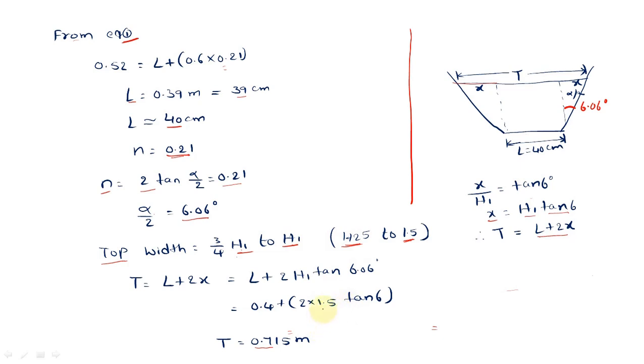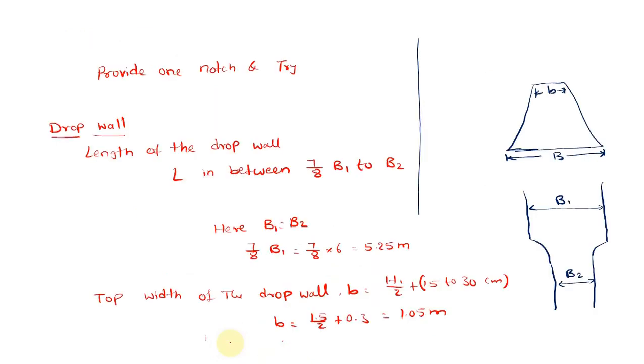Those dimensions are given: alpha by 2 is 6.06, L is 0.4 meters, and top width is 0.715 meters. From the examination point of view, you don't need to do it again, so one trial is sufficient. You can provide one notch and try it if you want.